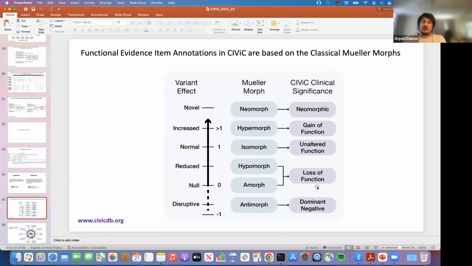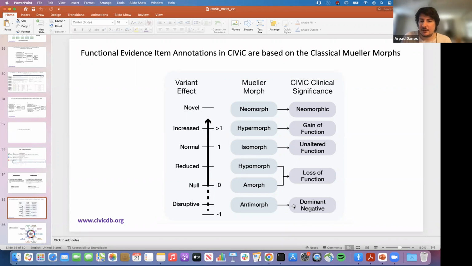We call this now loss of function. This is a reduced function somewhere between 1 down to null, right? Half all the way down to total loss. We annotate that as loss of function. Then we also add dominant negative. So dominant negative, you have to think of as a number between 0 and -1, because say -1 + 1 is 0.